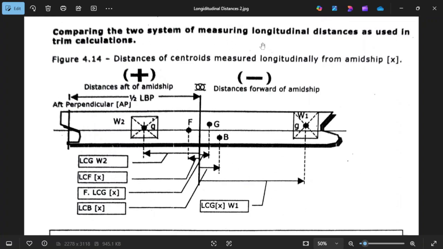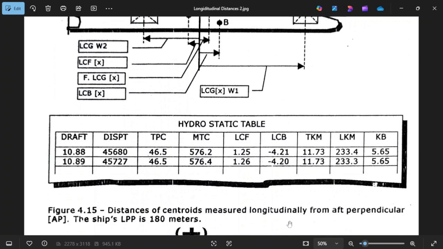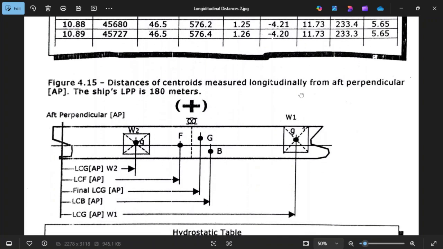Comparing two systems of measuring longitudinal distances used in trim calculations. There are different kinds of measurement. As we read a while ago, one is measured from midship going forward. This will be negative, and from midship going aft, this will be positive. And the other one is this one, where all measurements are coming from the aft part.